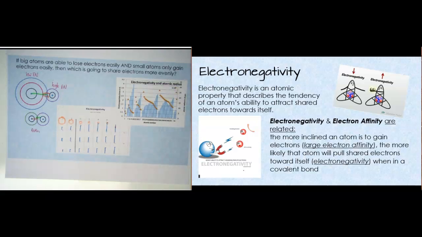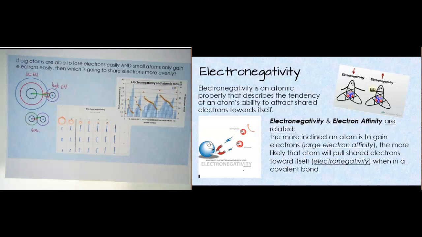The definition is not to pull in electrons from outside. It does not say that. It says it's the atomic property that describes the tendency of an atom's ability to attract shared electrons. Not loose electrons.